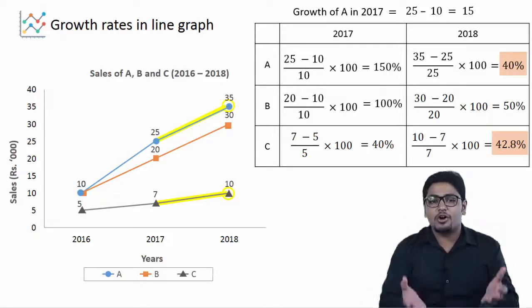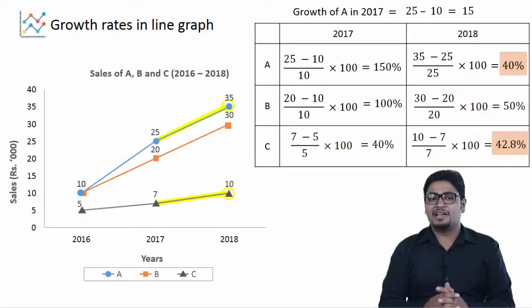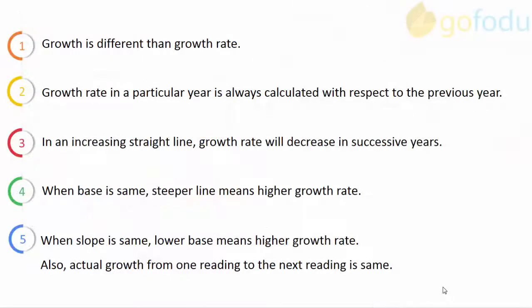So, these were all the fundamentals. Let's summarize all the things that we have learned so far. Growth and growth rates are two different entities. Next, we saw that growth rate in a particular year is always calculated with respect to the previous year. This is the reason we were not able to calculate the growth rate for 2016.